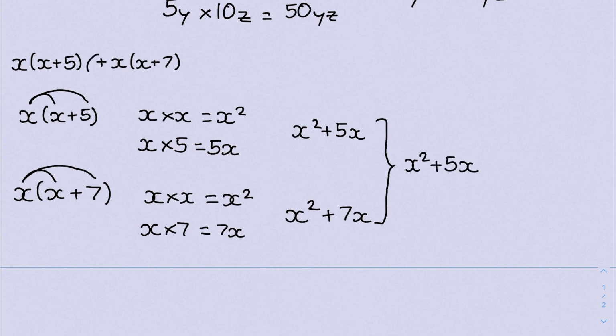And remember, we were adding the 2 together at the start, okay? And then plus x squared plus 7x. So looking back on our collecting like terms, we'll split this up based on the terms that we know. So we have 2 lots of x squared in total, and then 5x plus 7x, which will give us 12x.